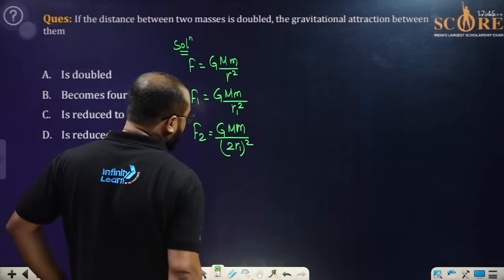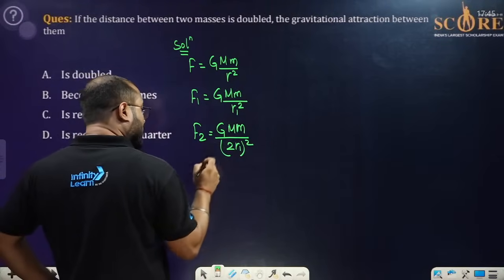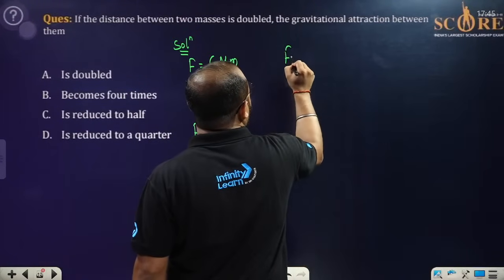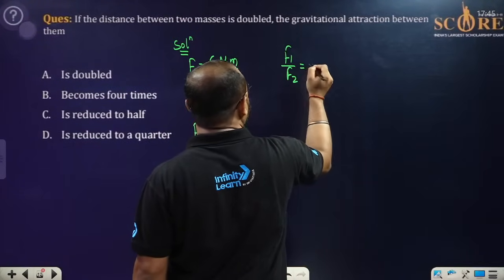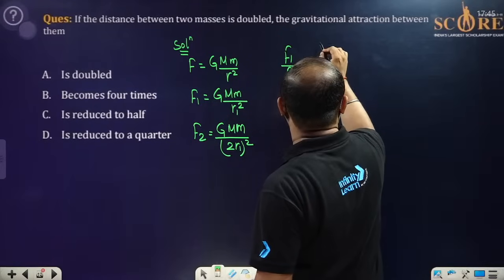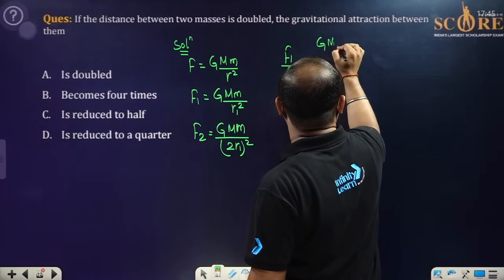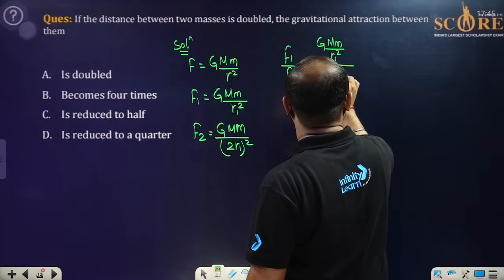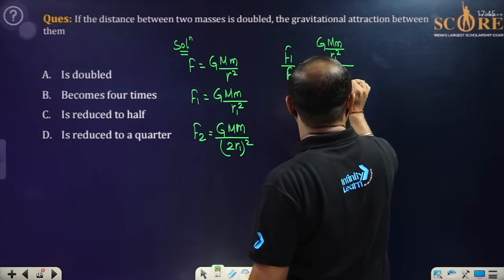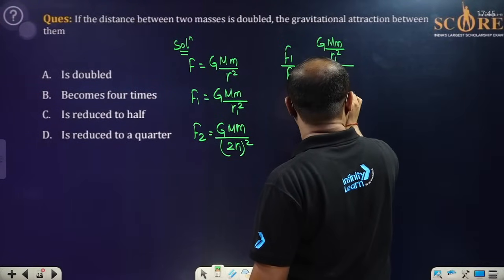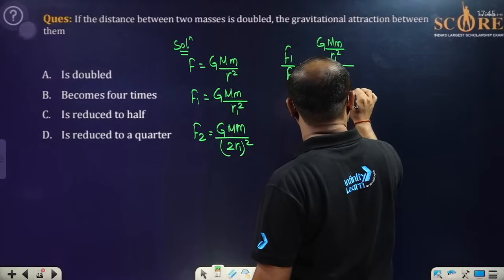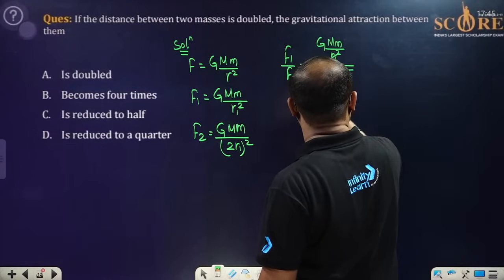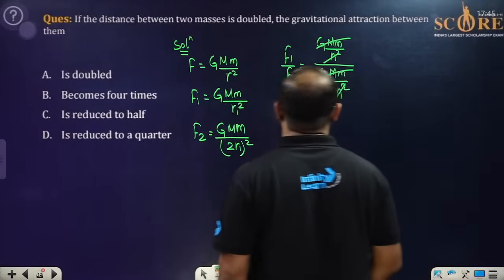Fine. So we will be finding F1 by F2 as G bigger mass, smaller mass by R1 whole square, divided by G bigger mass, smaller mass by 4 times R1 square. This R1 cancels, this is cancelled. What is left for us?